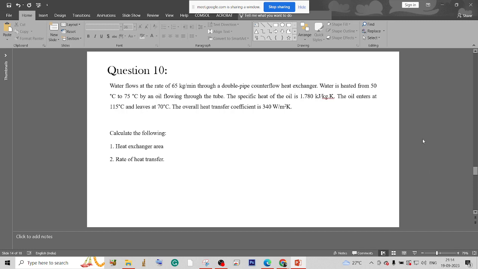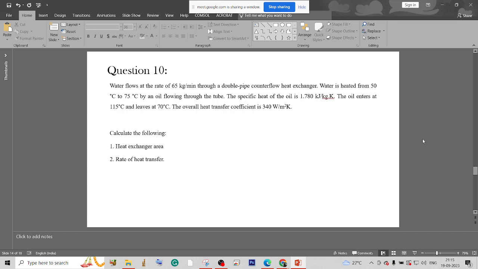For this, it's given that the hot fluid is oil and the cold fluid is water. The hot fluid inlet temperature is 115 degrees Celsius and the outlet temperature is 70 degrees Celsius.